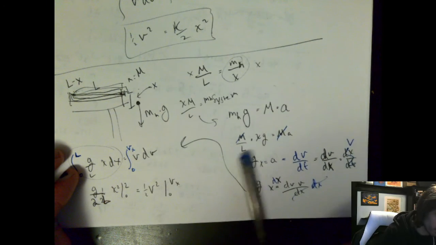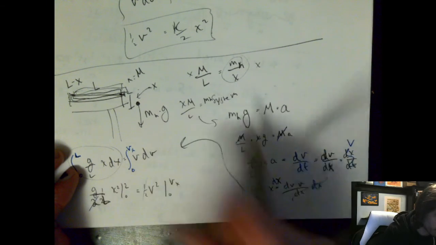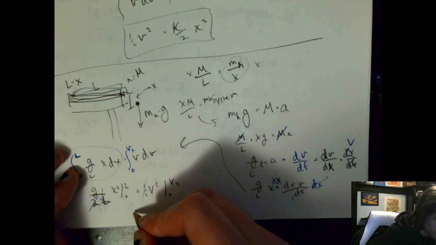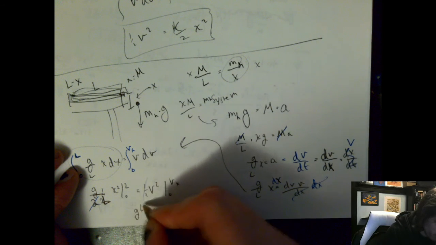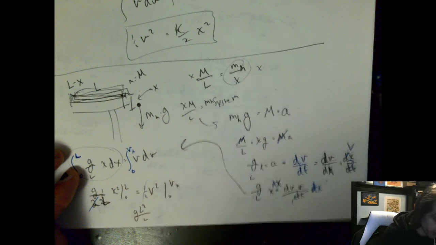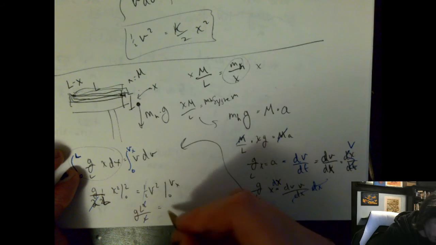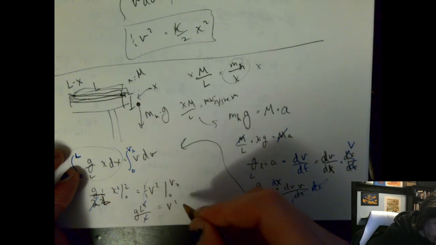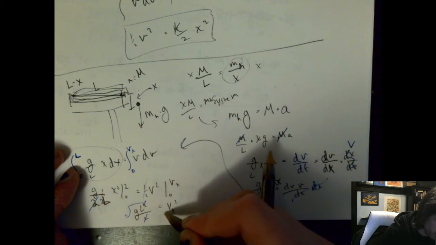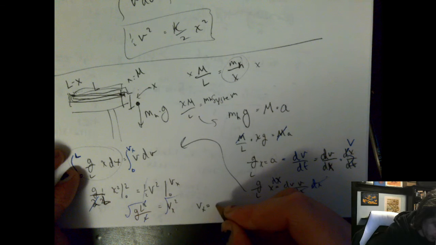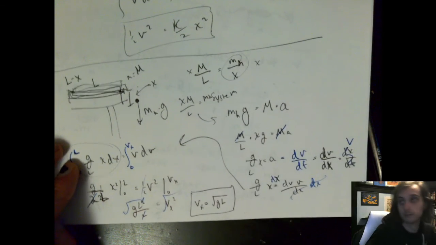We can also go ahead real quick and get rid of the halves. When we do that, we'll actually just get g L squared over L, which makes the L's drop, is equal to v squared. Square root both sides, and we're done. Our velocity at the end will be equal to the square root of gravity times the length of the chain.